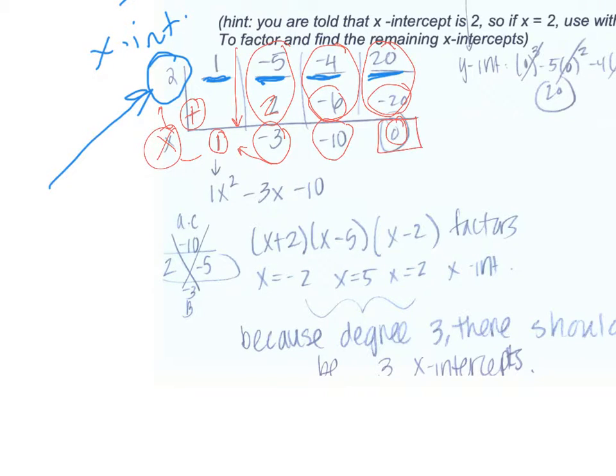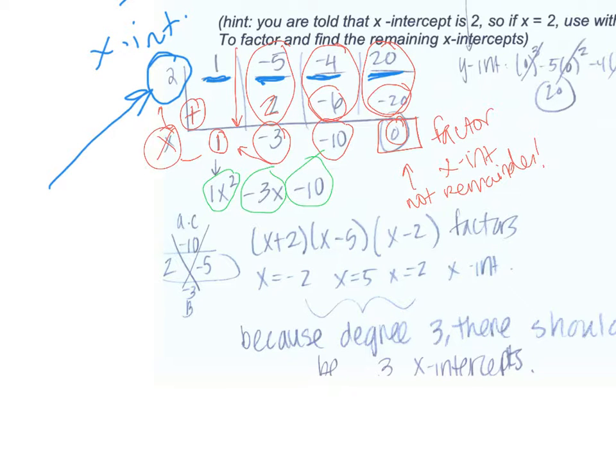Remember, if they tell us that they're giving us a factor, or if they give us an x-intercept, there should not be a remainder. If there is, you did something wrong. Now this makes our life a lot easier because we drop a degree. So if we start at degree 3, we're left with 1x squared minus 3x minus 10.